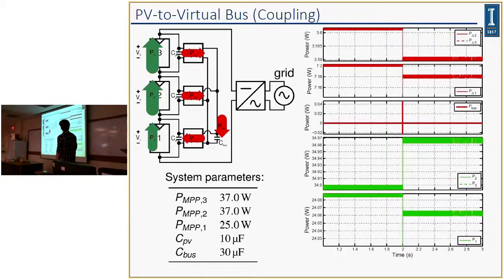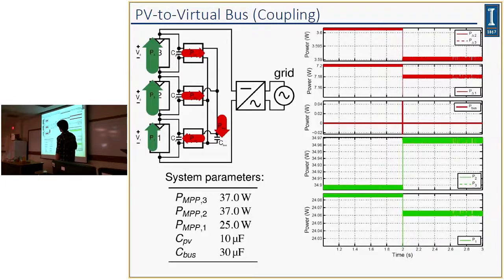So here are some simulation results. This was done in Plexim using the Plexim blockset in Simulink. This is the PV-to-virtual-bus architecture. I made the input and output capacitors of each converter explicit. So C_PV is the input capacitance of any one of these converters, and it's 10 microfarads. And then C_bus is the aggregate output capacitance of all of these converters, and that's about 30 microfarads.